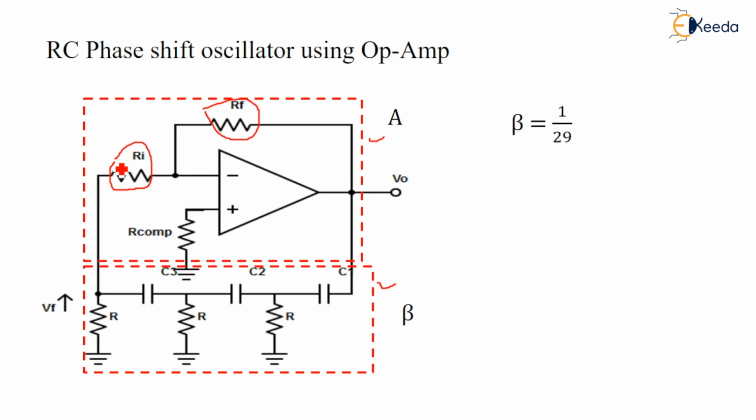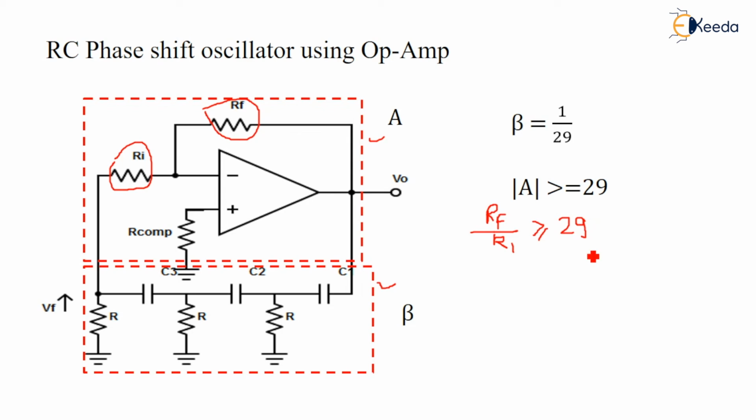In the RC phase shift oscillator, beta is equal to 1 by 29. So we have to keep the gain of the amplifier greater than or equal to 29. So RF upon R1 is greater than or equal to 29.